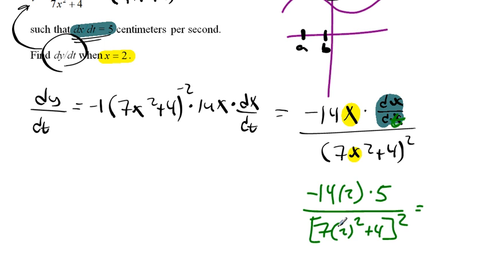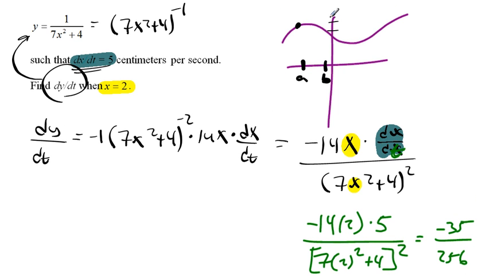Doing all those calculations, we finally get -35 over 256. So it's a really small number. And we kind of figured that y would be changing a lot less if x is changing greater right there.